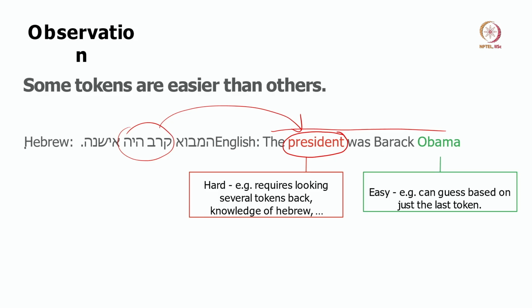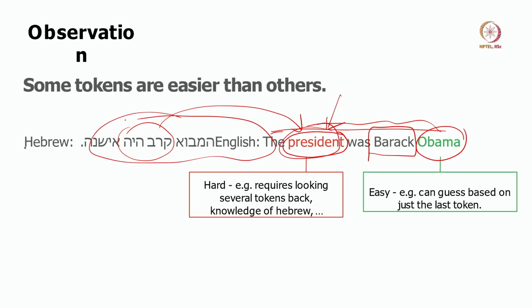But as soon as you get this word "Barack," it is very easy to guess that the next token will be "Obama." You do not need to know Hebrew, right. You can just guess based on the last token. You do not need to know the whole context. But to guess the word "president," you need to know the context as well as the whole Hebrew language.